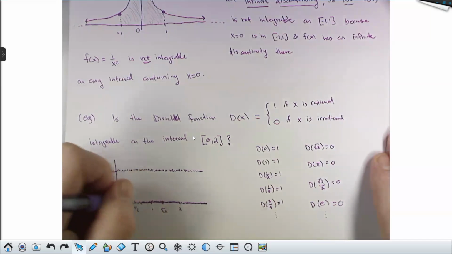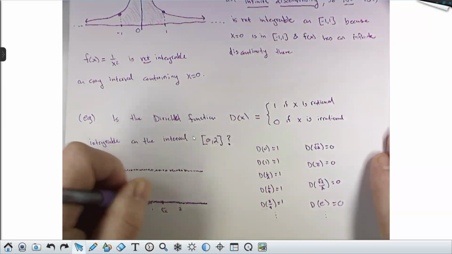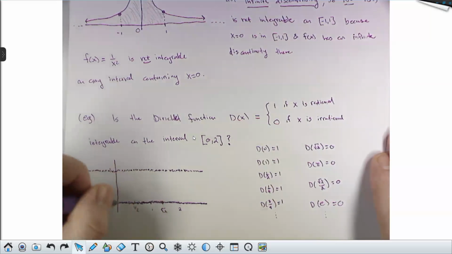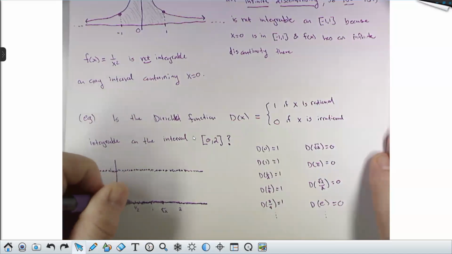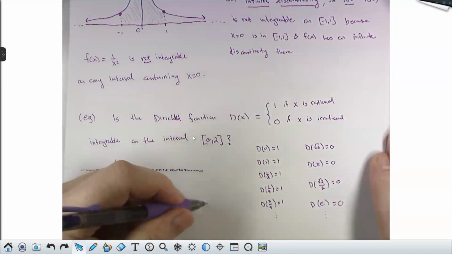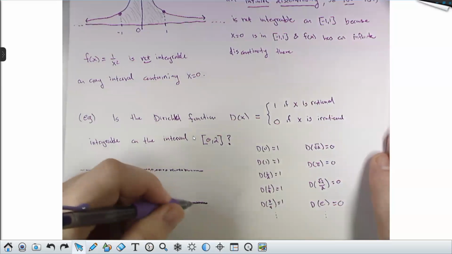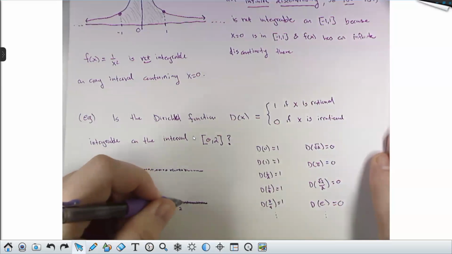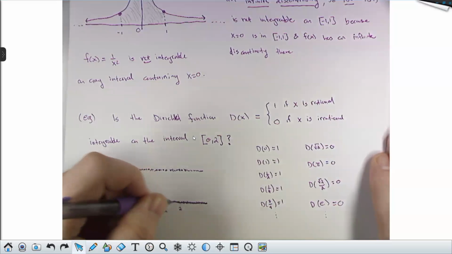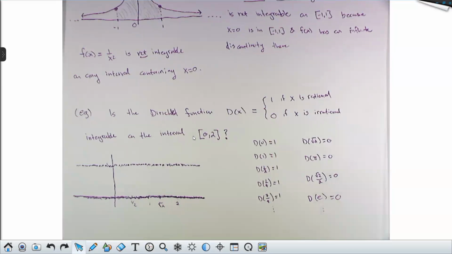In fact, the sprinkling of dust is much thicker down here. So this is sort of what the graph of the Dirichlet function looks like. You've got a faint sprinkling of dust up there along the line y equals 1, and you've got a much thicker sprinkling of dust down here along the line y equals 0.